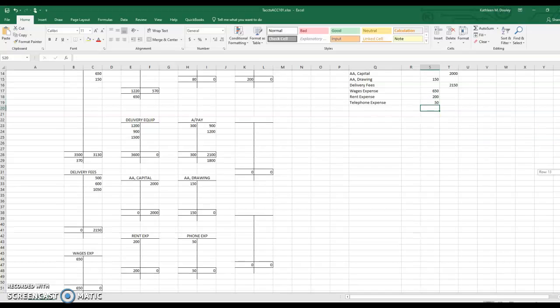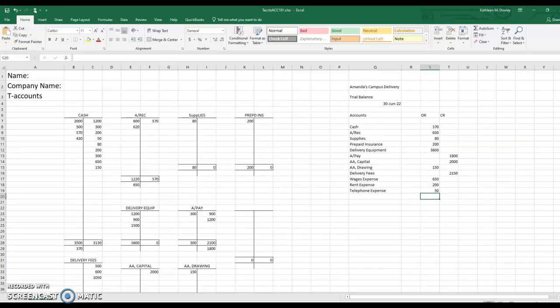Okay, so there we have all of our balances from our T accounts now in our trial balance. So now we need to total them up.